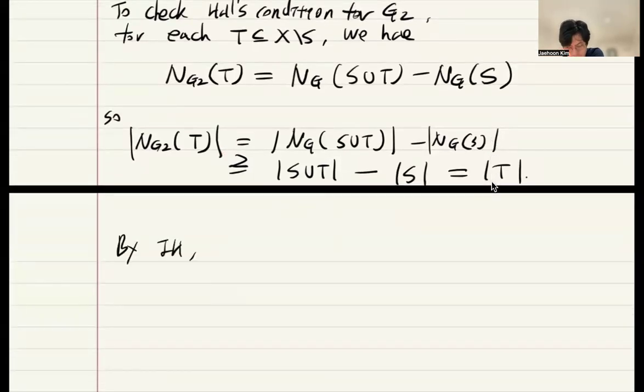So by induction hypothesis, G2 also satisfies Hall's condition, and G1 satisfies Hall's condition.